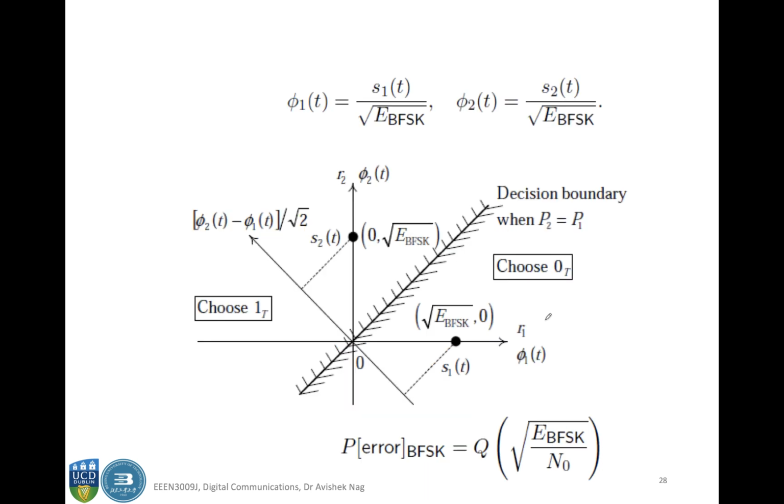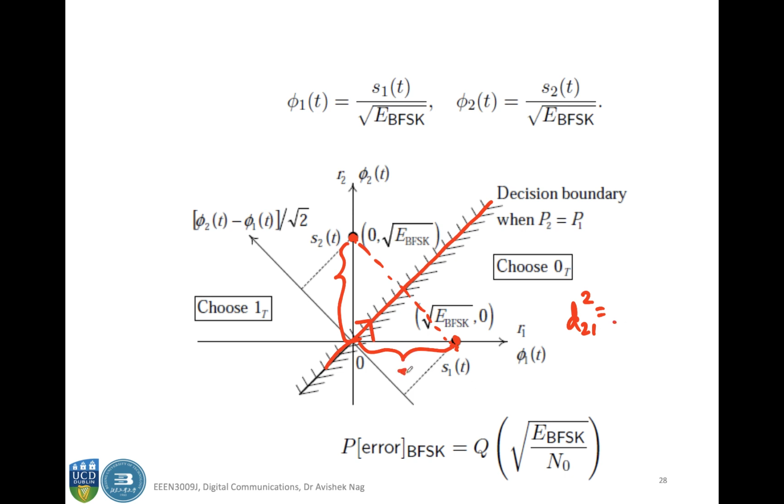And then you can determine the signals like this, as I just showed, and this is your decision boundary. The probability of error can be calculated again from the distance between the two signals. In this case, d21 square is basically this term square plus this term square. This is basic geometry.